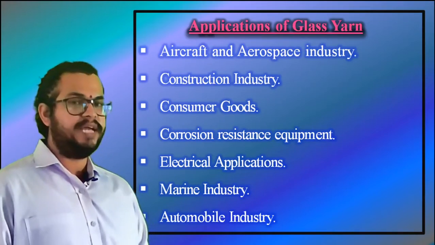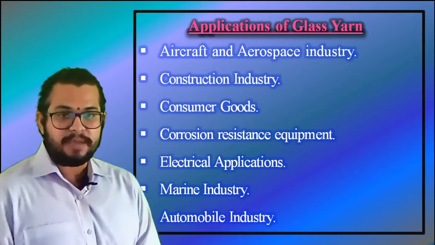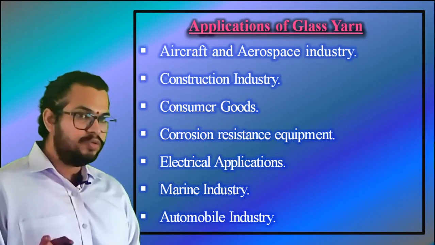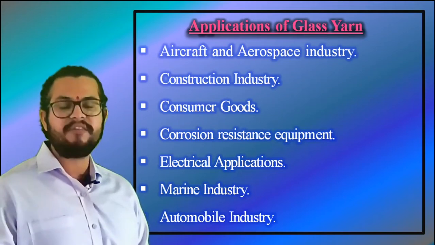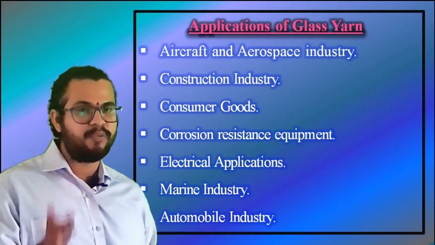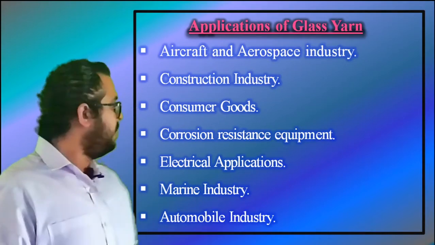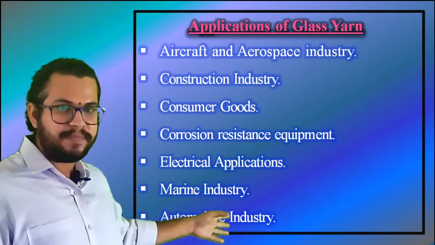Fiberglass coatings are done on wiring to insulate them. Fiberglass is also used in switchgear equipment, transformers, distribution pole hardware, computer parts, etc. The next application is the marine industry.